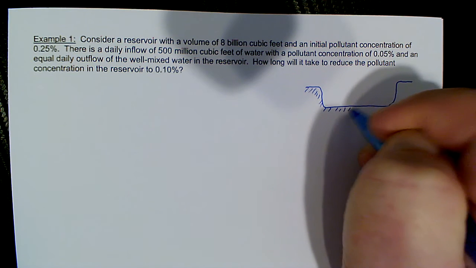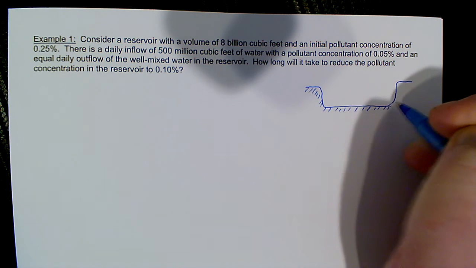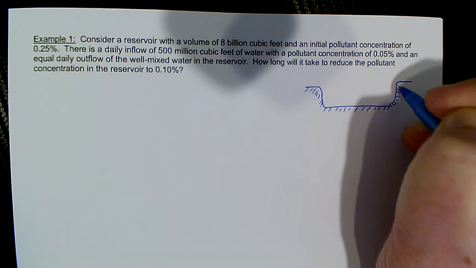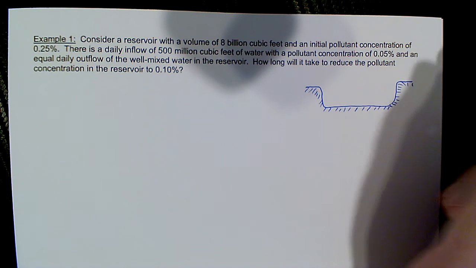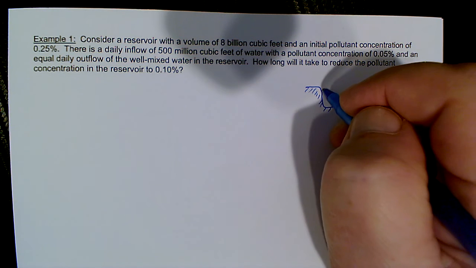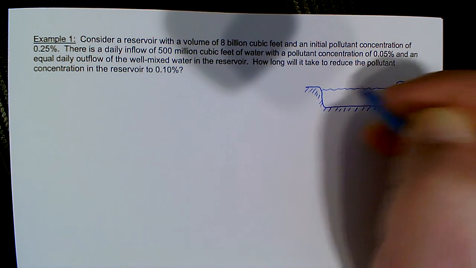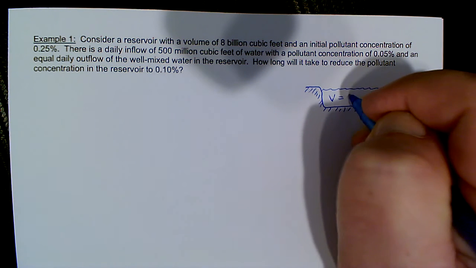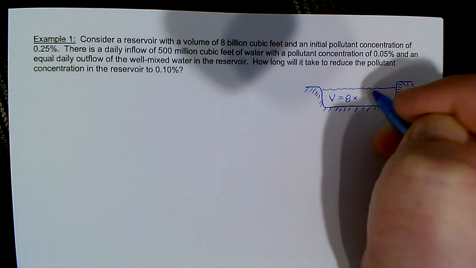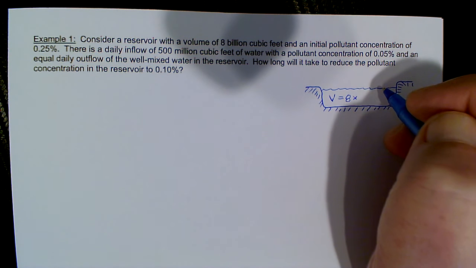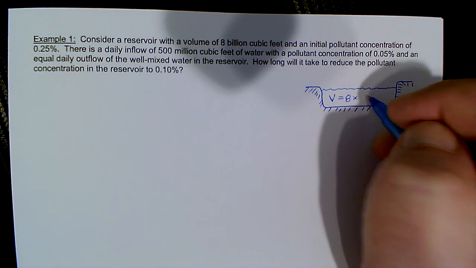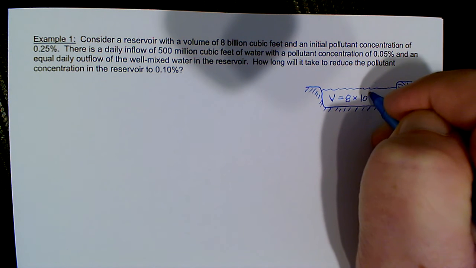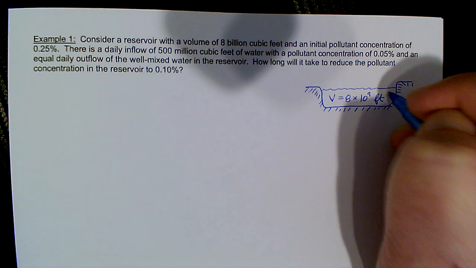These little lines will represent the land. Okay, so there's my reservoir, and it's got a volume of 8. Okay, let's go to scientific notation. Billion is 10 to the 9th. And that's feet cubed.